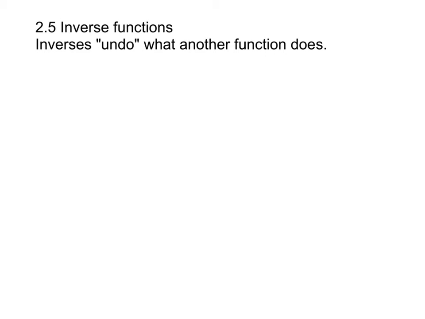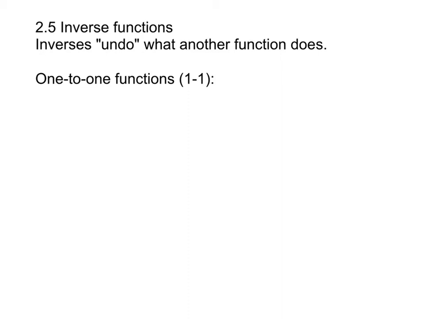Before we get too far in, I would like to look at one-to-one functions. We're going to look at one-to-one functions in a couple different ways. The other thing I'll mention is that we will sometimes abbreviate it as 1-1.